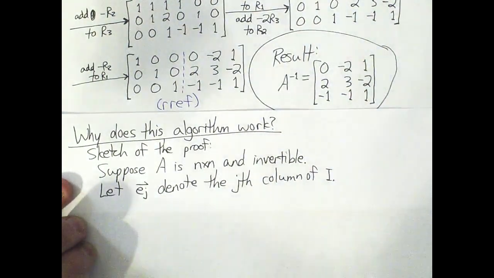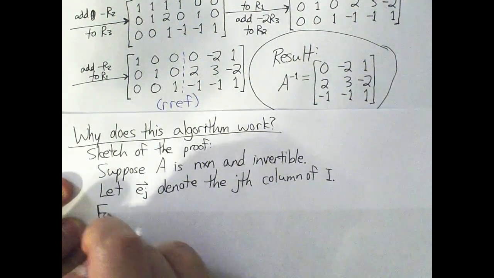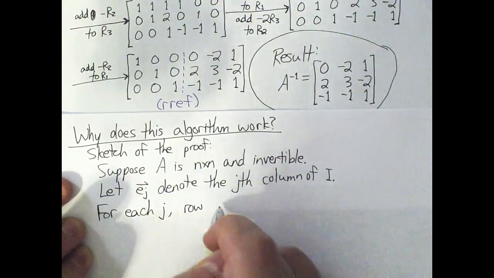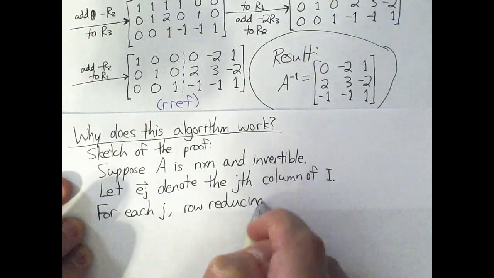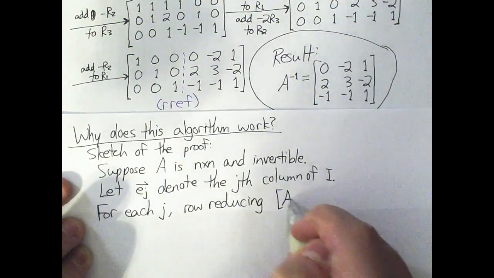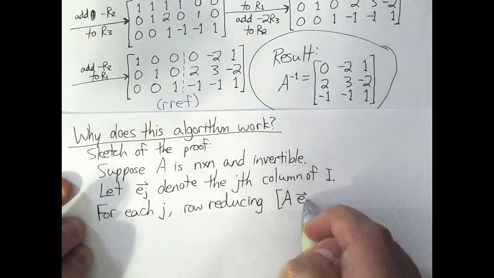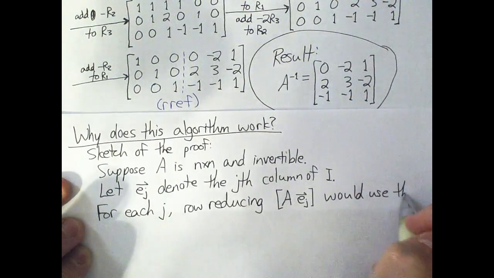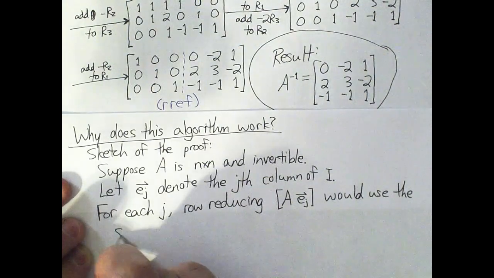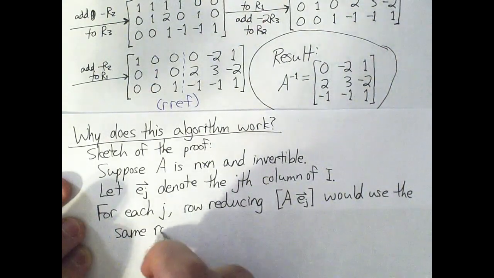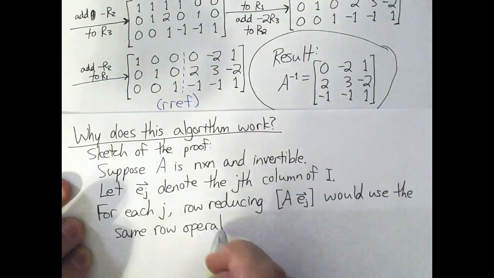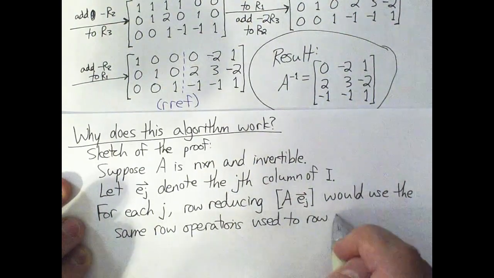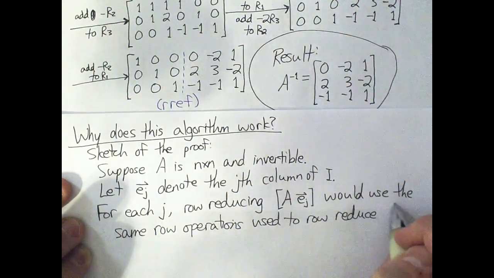So Ej is the jth column of I. For each j, row reducing [A | Ej] would use the same row operations used to row reduce [A | I].